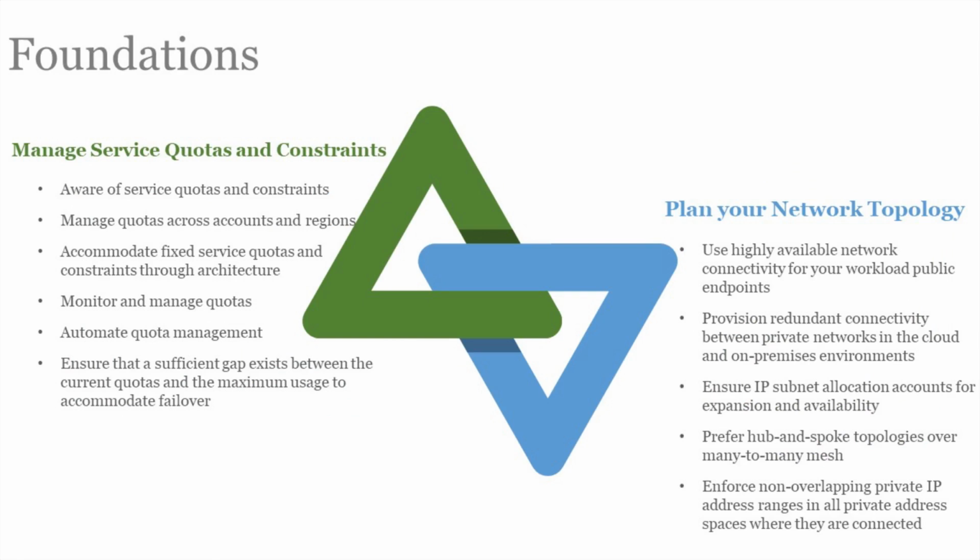To achieve reliability, you must start with the foundations, an environment where service quotas and network topology accommodate the workload. These foundational requirements extend beyond a single workload or project and influence the overall reliability of the system. 1. Manage service quotas and constraints.